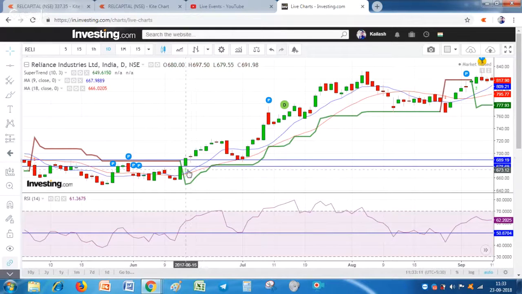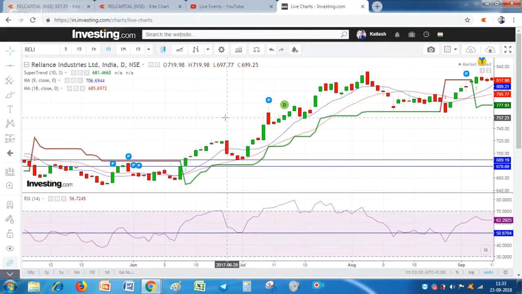There is nothing like an entry without a stop loss. We cannot trade without stop loss. Always trade with stop loss, decide our quantity, and control our risk, how much risk we can take.